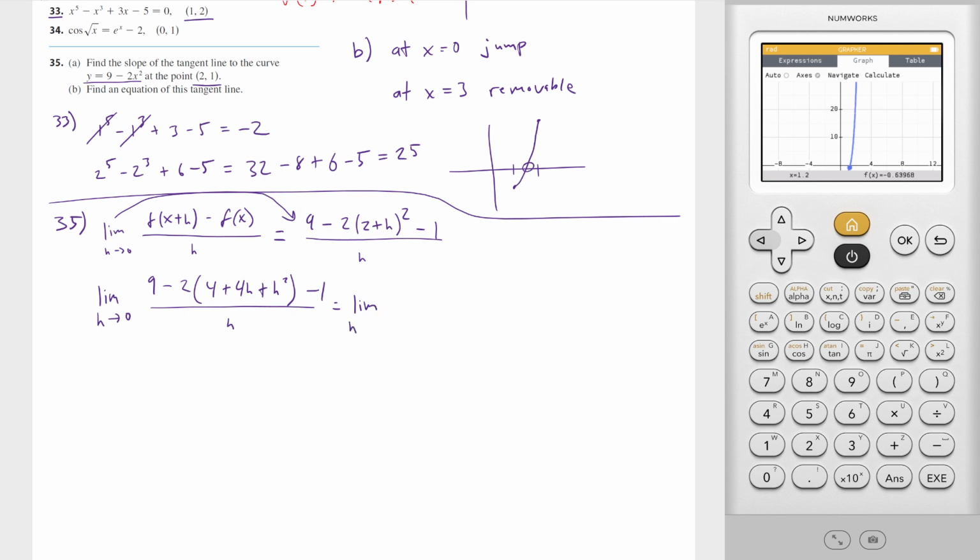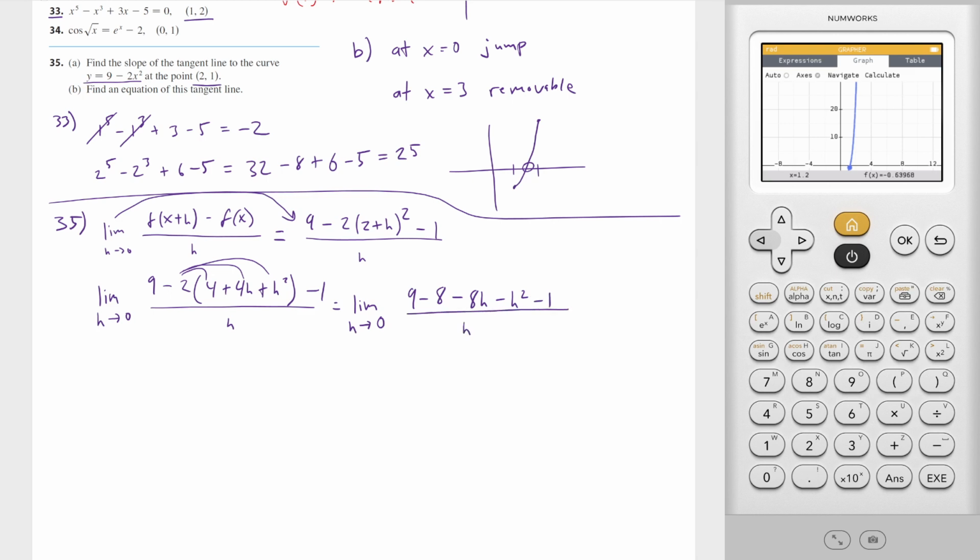Let's see what simplifications I can do. As h goes to 0, and so this distributes, and I have 9 minus 8, minus, because I'm multiplying by -2, minus 8h minus h squared minus 1, all divided by h.